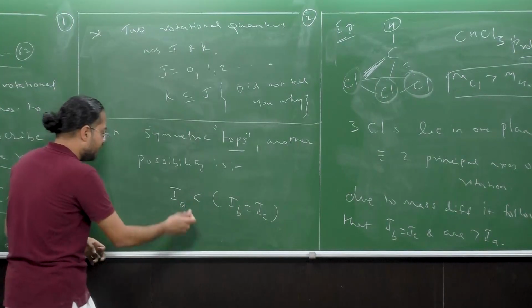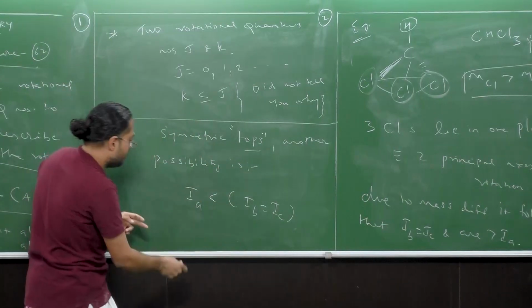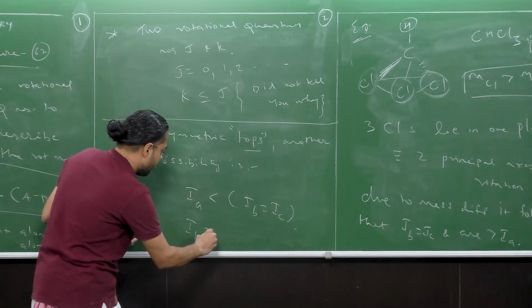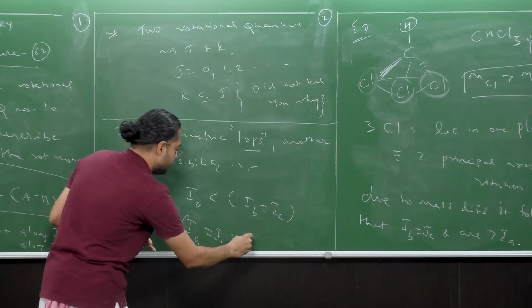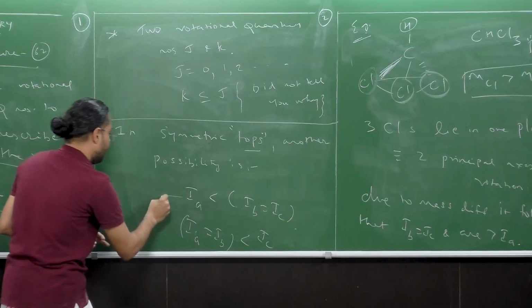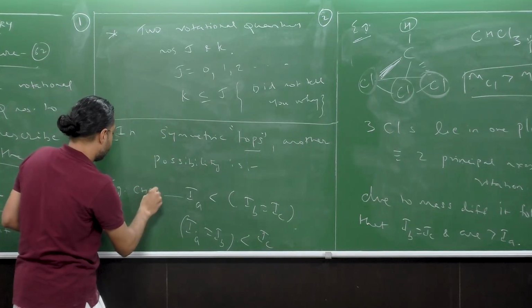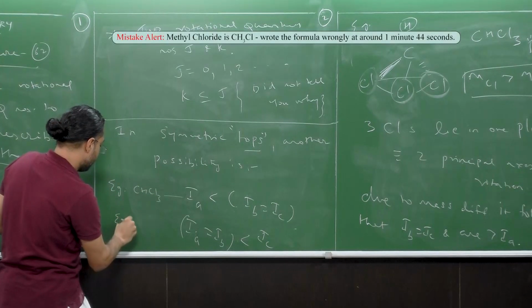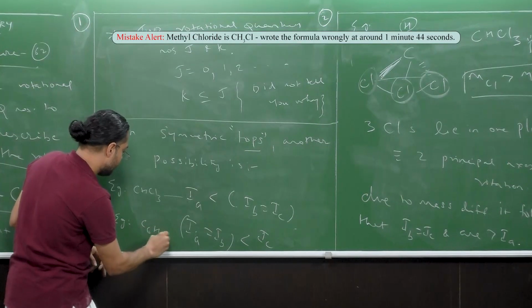The other possibility is, I wrote it down in the earlier class but deleted it, I'll write it down again here. That is IA equals IB, which is less than IC. An example for this is what we just saw, methyl chloride, and an example for this type is what is called benzene.